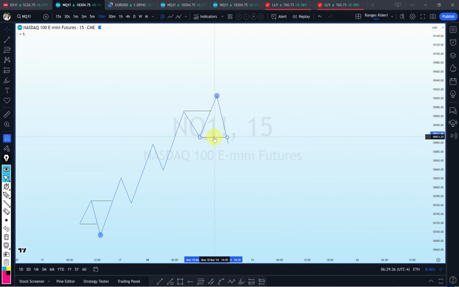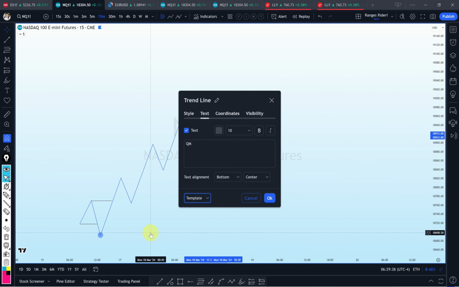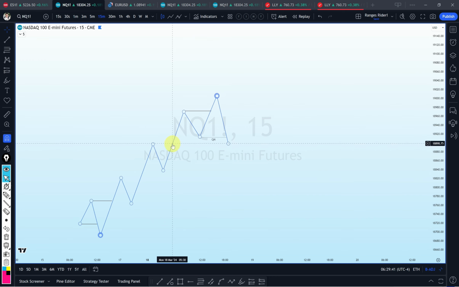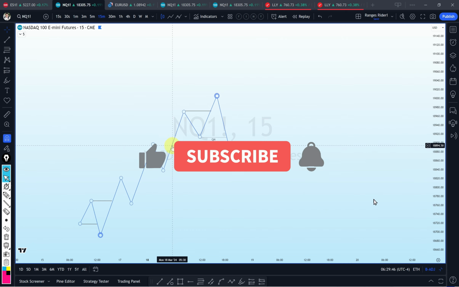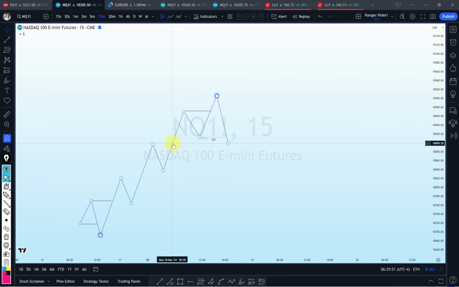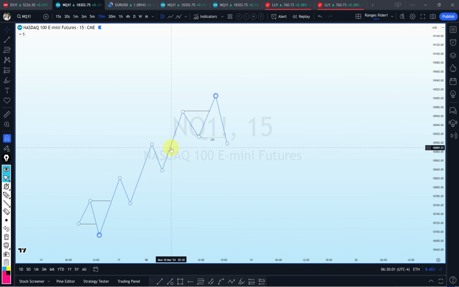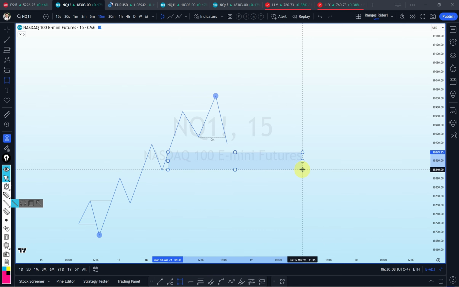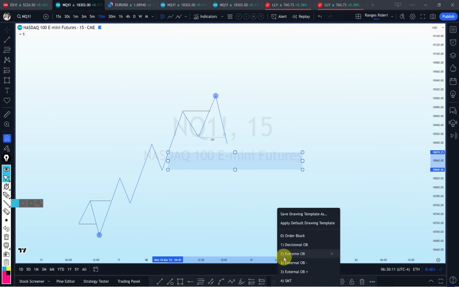So once your QM is confirmed, you will find here it could be a fair value gap, it could be the order block, and you know the specifications of the order block that it should have a fair value gap. I'm not going to explain about the order blocks. So it should be an order block, it should be a swing high, swing low, or something like this type of thing. So we will have a decisional order block lying somewhere here.